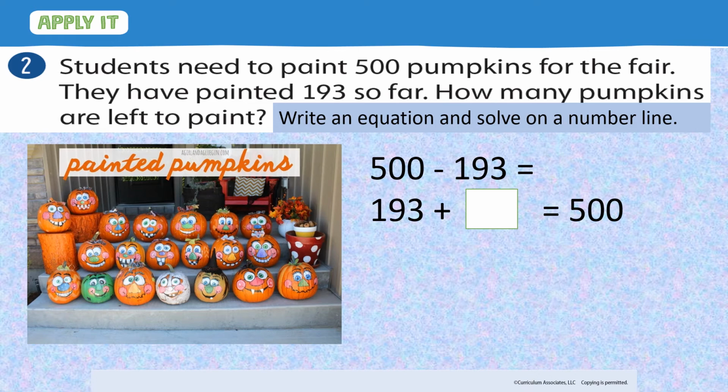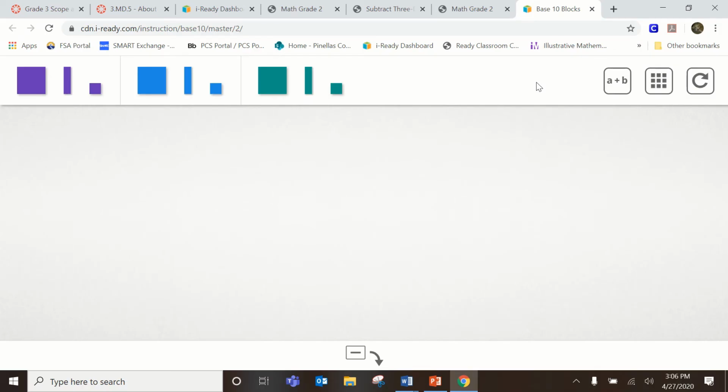Let's see how we can use the digital base 10 blocks to solve this problem. All right, boys and girls, these are the digital base 10 blocks, which are on the iReady dashboard, your student dashboard. So you can go to these at any time to practice counting with base 10 blocks and decomposing numbers.